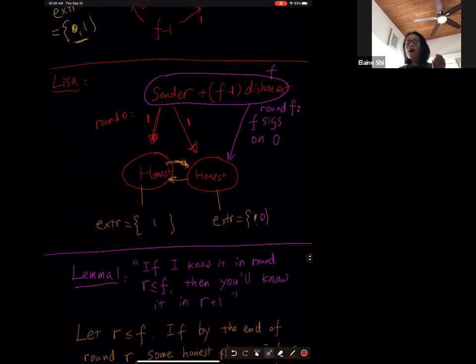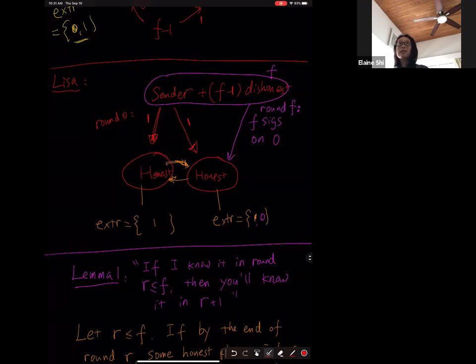So if we flip it around, it actually will be the proof. Let me first talk it over, and then I'll write down the formal proof. So what would the proof be? Let's say I add something to my extracted set in the last round, and now the last round is round f plus 1.